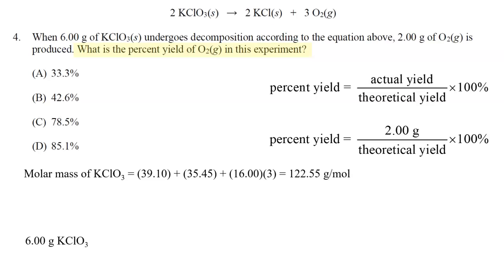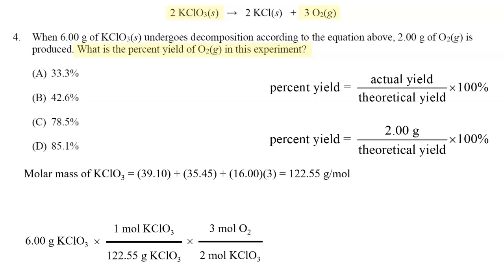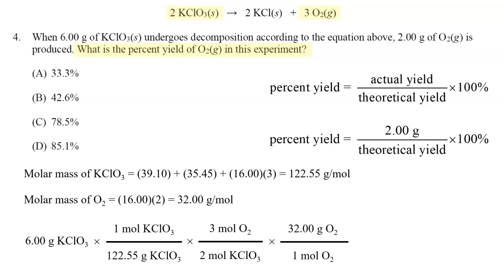So that is our first conversion factor to go from grams of KClO3 into moles of KClO3. Now we use the equation coefficients, and there are 3 moles of O2 produced for every 2 moles of KClO3 consumed. And our final step is to go from moles of O2 to grams of O2. Again, using the information on the periodic table, we see that the molar mass of O2 is 32 grams per mole.